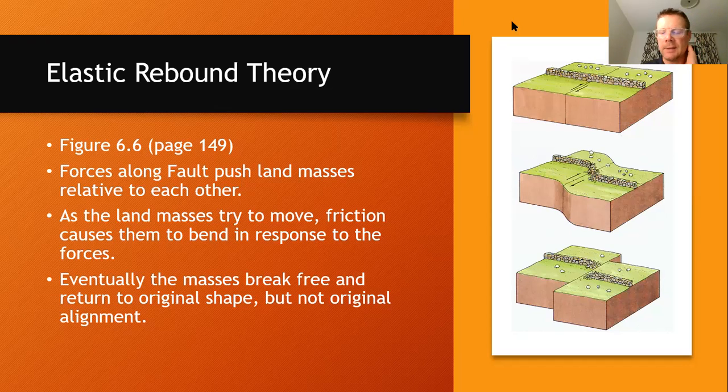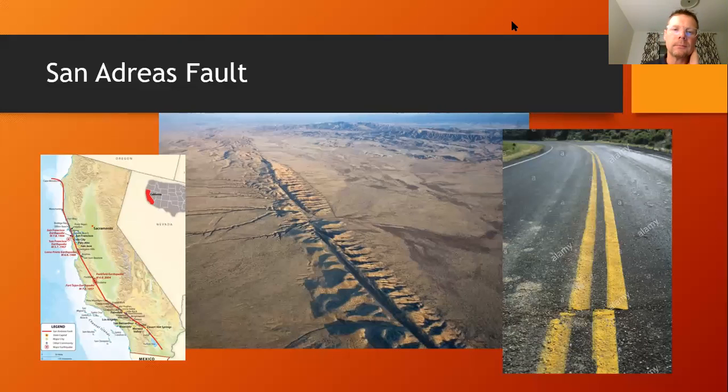That is the elastic rebound theory. And we can see that in places like the San Andreas Fault in California. One of the more famous fault lines in America, the San Andreas Fault, definitely shows evidence of the elastic rebound theory, such as the pictures on the screen.